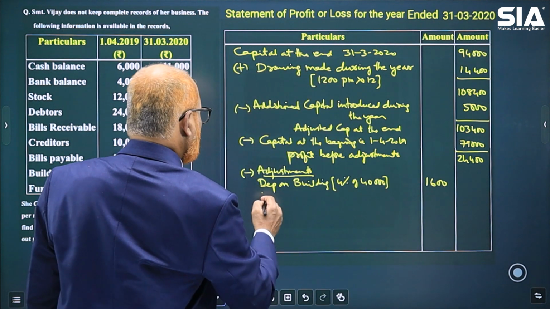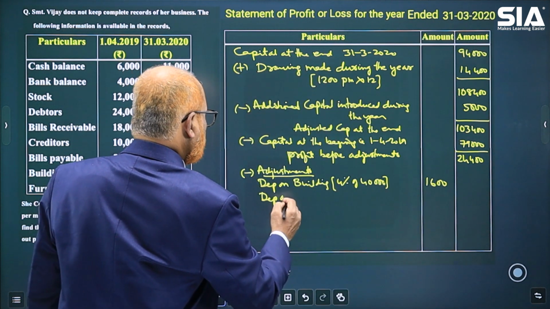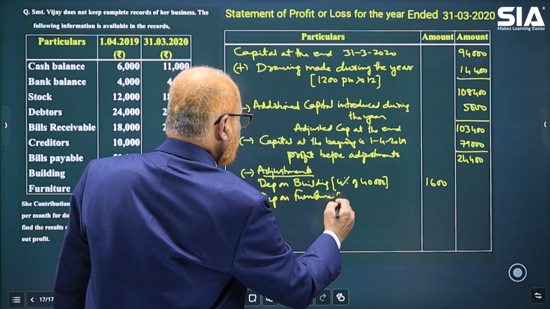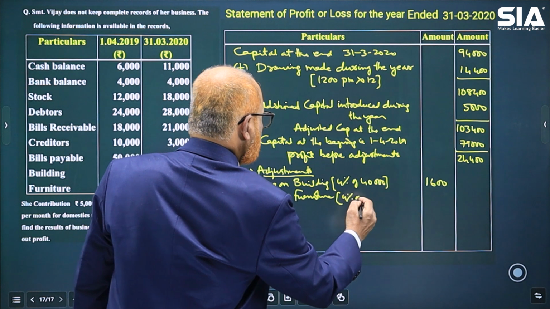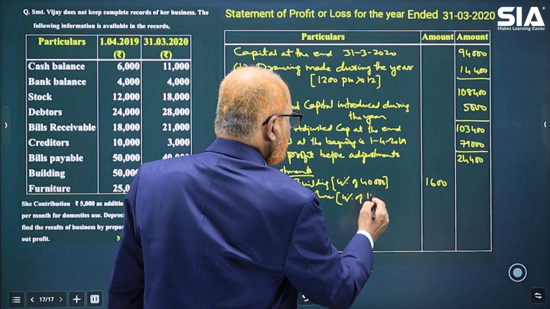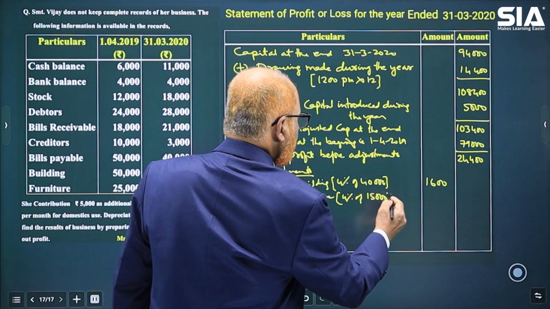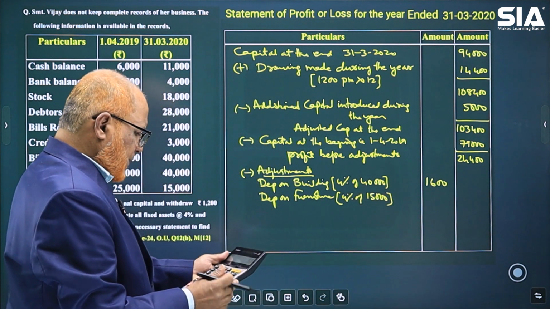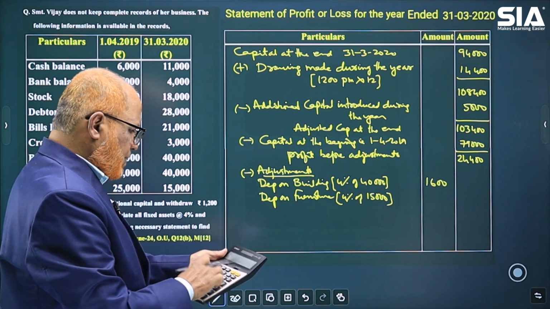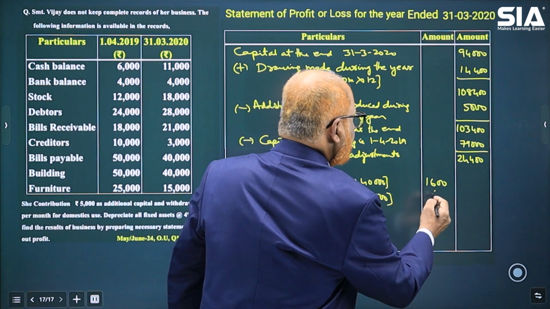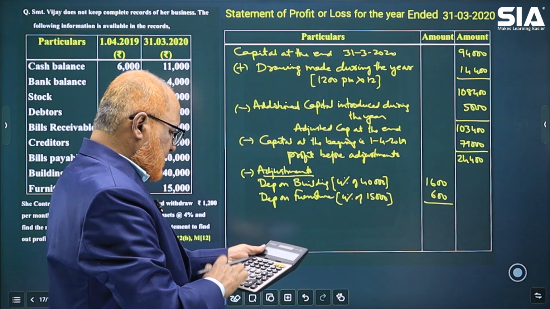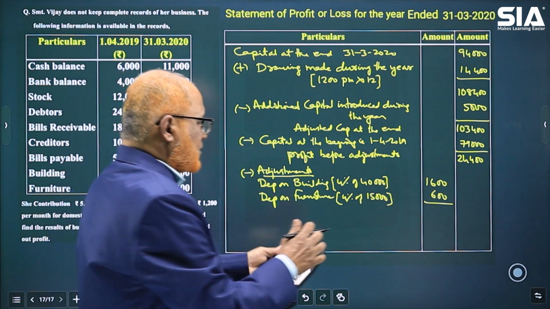Similarly, depreciation on furniture. That is 4% of furniture value at the end of the year, 15,000. 15,000 into 4%, 600. So 1,600 plus 600, 2,200.